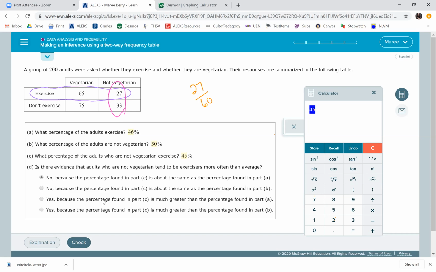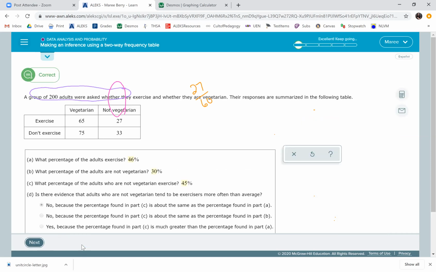Is there evidence that adults who are not vegetarian tend to exercise more often than average? So all adults exercise about 46%, and those that are not vegetarian are about 45%. So yeah, it's going to be the first one.